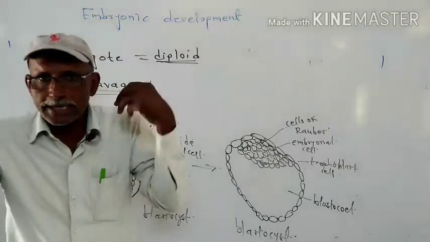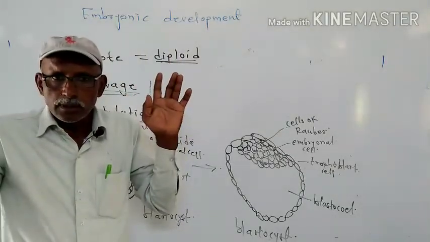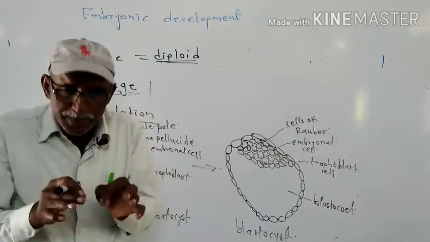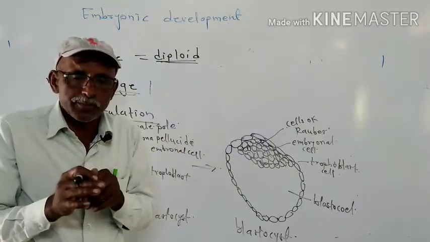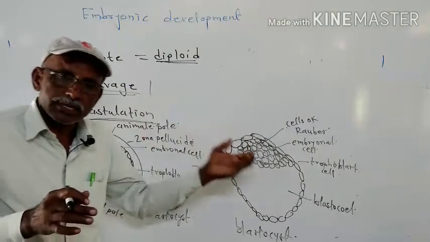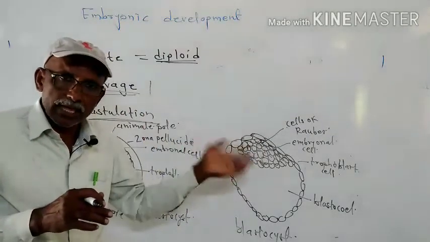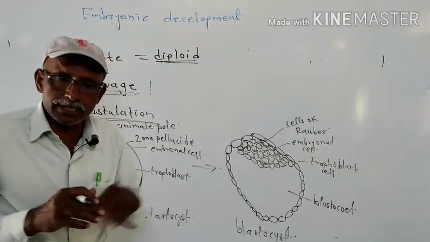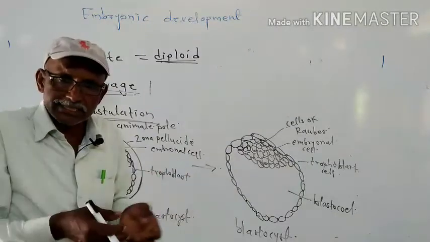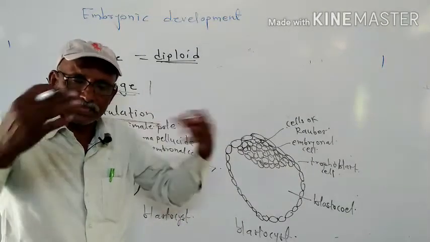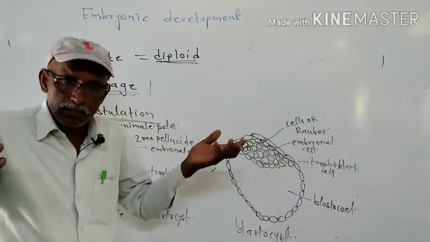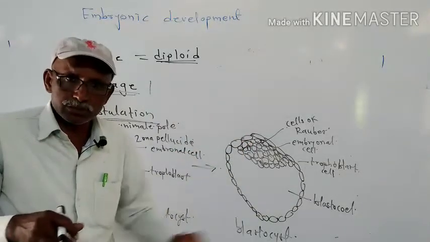It does not get implanted. So this suspended embryo sucks the blood and gets the uterine milk, the glycogen which is present in the uterus, which nourishes it, and the size of the morula gets doubled, and due to this pressure a blastocoel is formed.